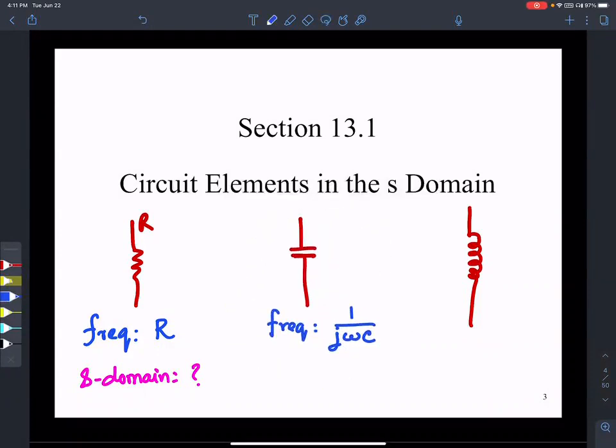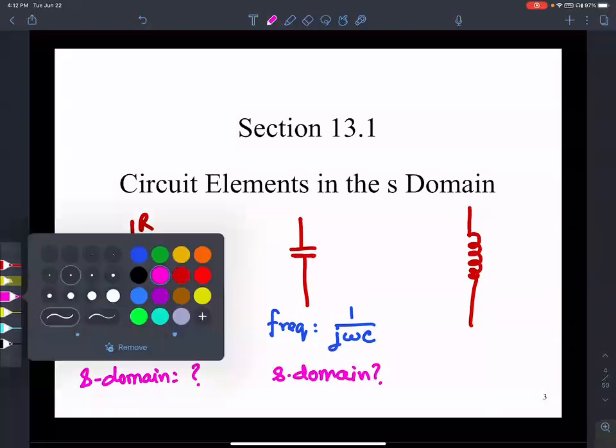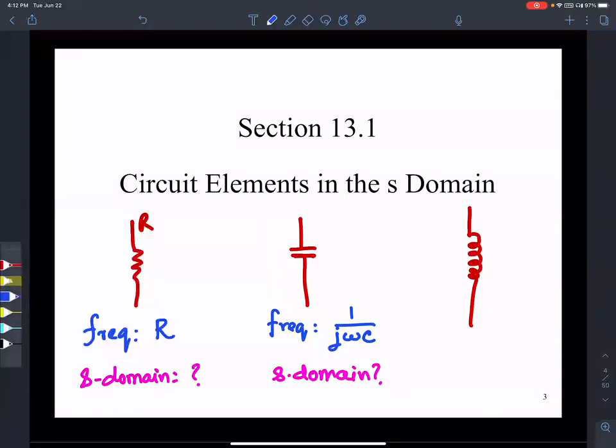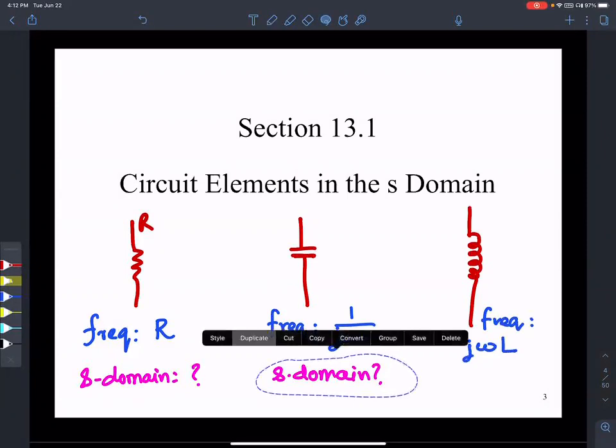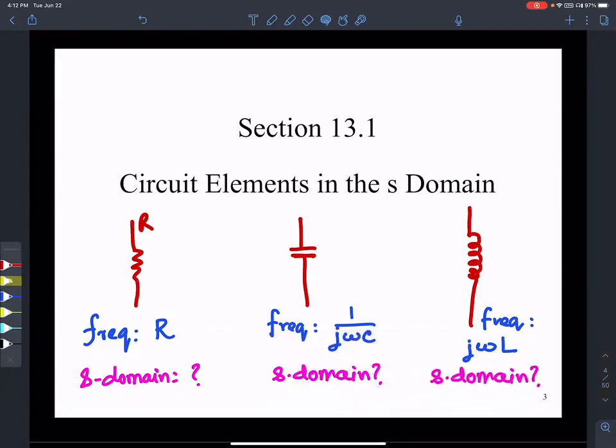So we are also going to investigate its S domain equivalent of a capacitance. Similarly for an inductor, the frequency domain equivalent was j omega L. Now we are going to understand what it appears to be in the S domain.